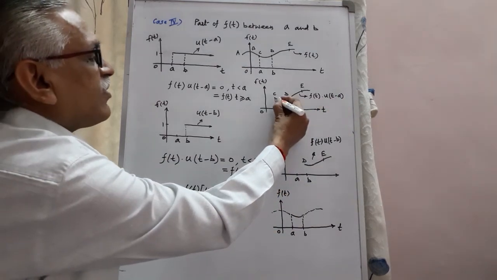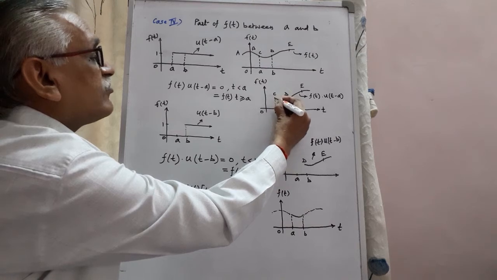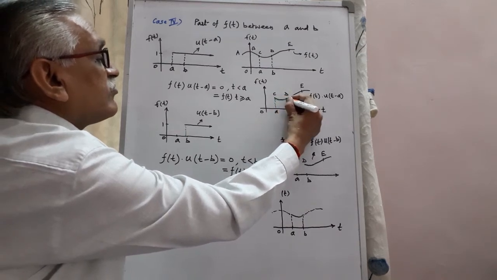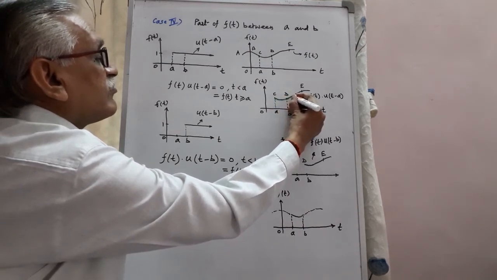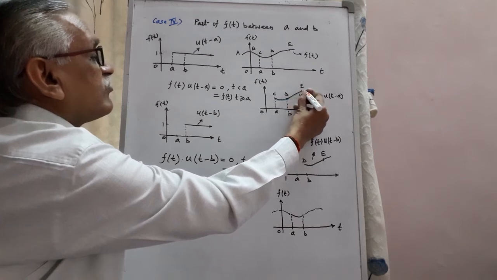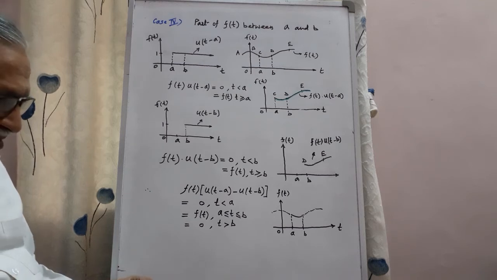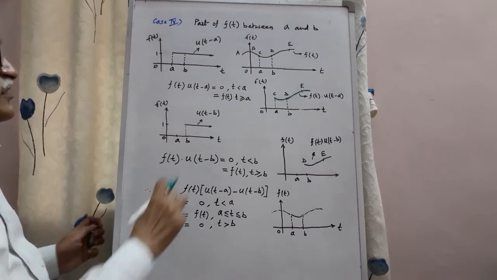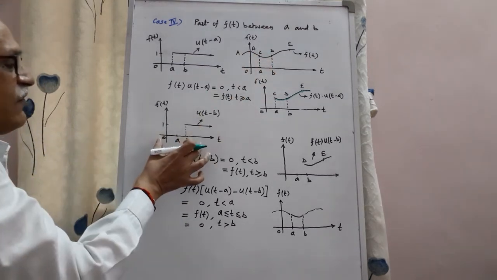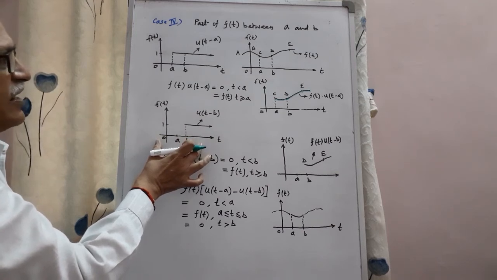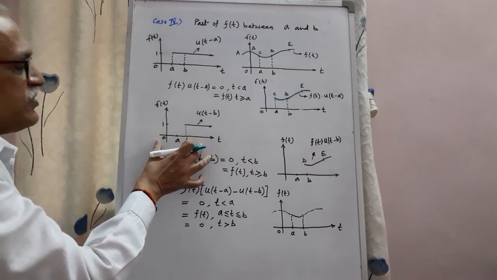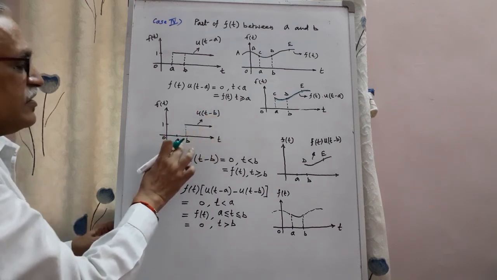Therefore, this is that graph. Okay. Then the same function I will multiply by another displaced unit step function u of t minus b.